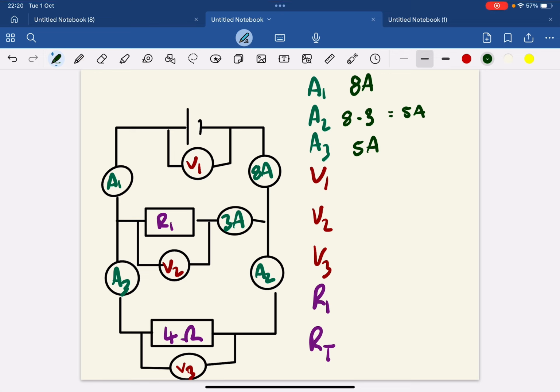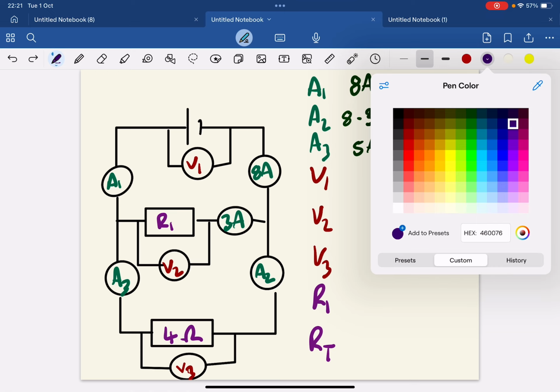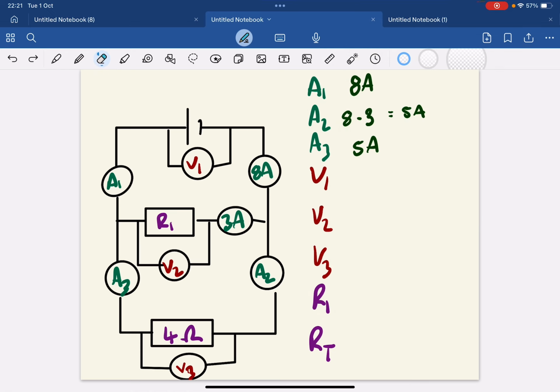Now, once we have that information, we can then look at V3. V3, we know the resistance here. We know the resistance here. And now we know the current. So again, just a reminder, it doesn't hurt having lots of practice, that the calculation V equals IR. All right, so for V3, what is our current?